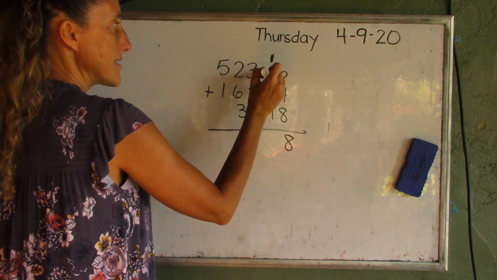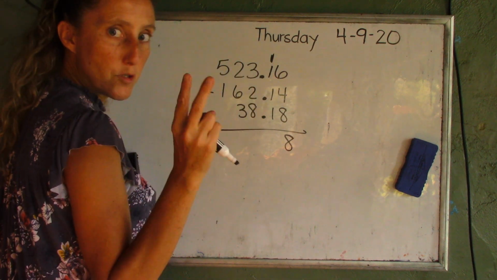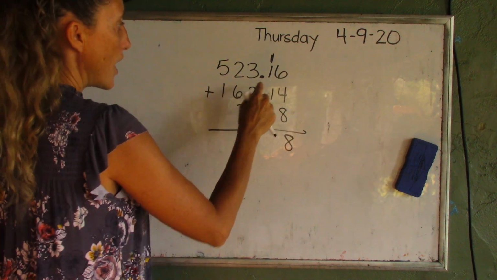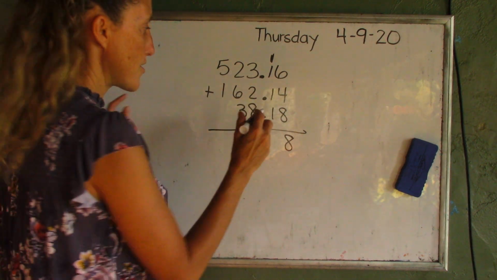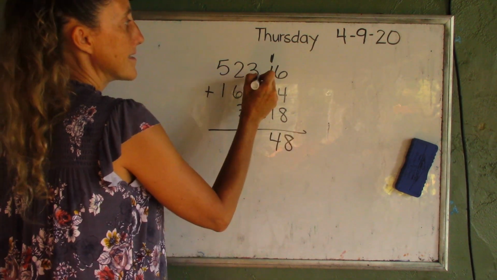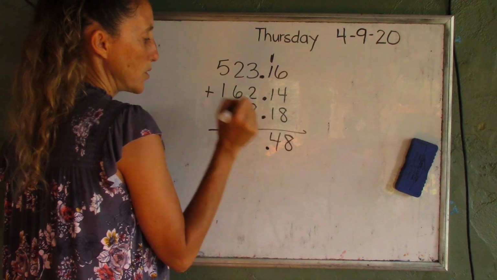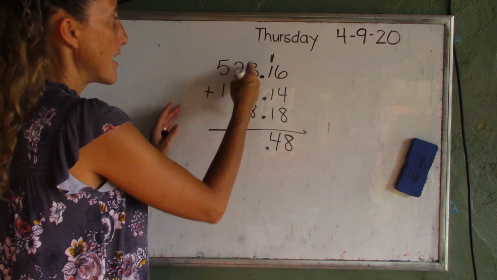And then we add this line together. 1 plus 1 is 2. 2 plus 1 is 3. 3 plus 1 is, right, 4. And then these little decimal points, we're going to put right here. So far we have 48 cents, right? 48 cents.